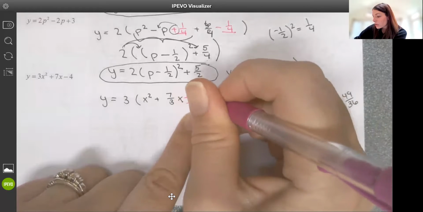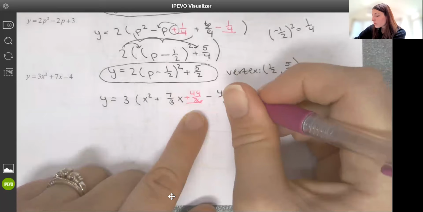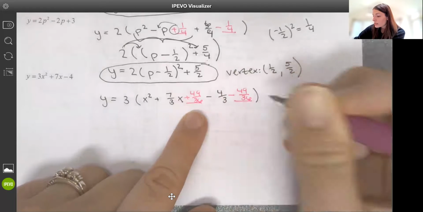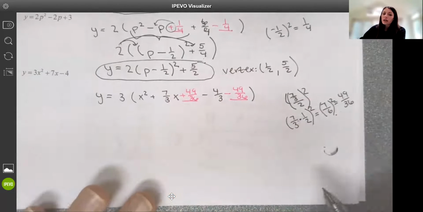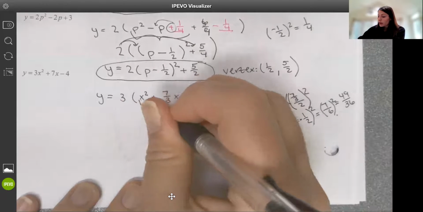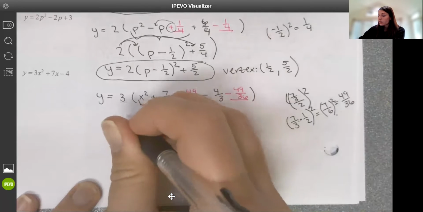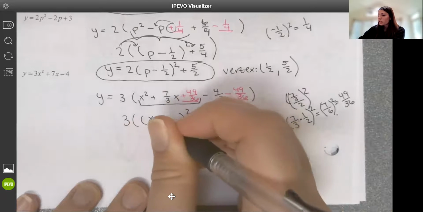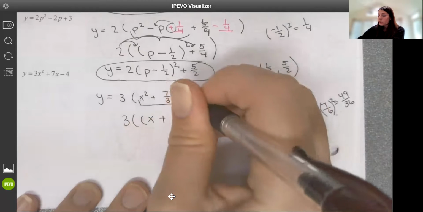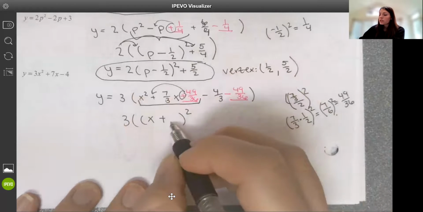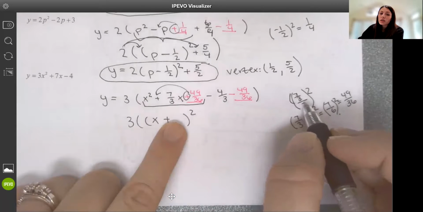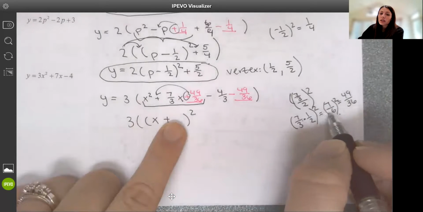So I'm going to add 49/36, and I'm going to subtract 49/36. Now I have to factor that perfect square trinomial that I've created. I know it's x plus because I have plus here, but what's the second value? Remember that hint, it's always whatever b divided by 2 is, which was that 7/6.